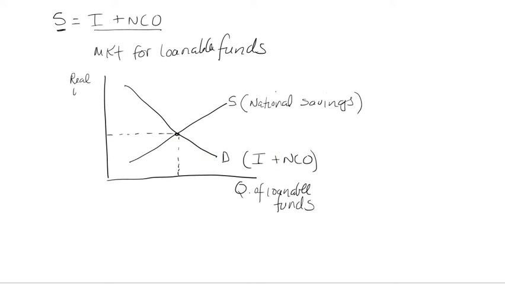Now, the next identity is NX equals NCO, okay? So we know that net exports will equal net capital outflow. This identity here is going to give us the market for foreign currency exchange, okay?